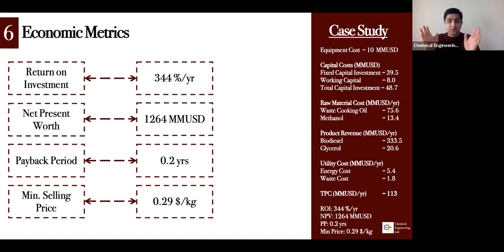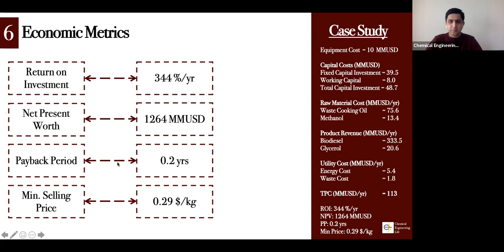If somehow there is a market crash, all of a sudden too much biodiesel in the world and the prices plummet, they cannot go below $0.29 per kilo. If they do go below $0.29 per kilo, that means that we will not be able to make a profit. And that is essentially what the minimum selling price is.